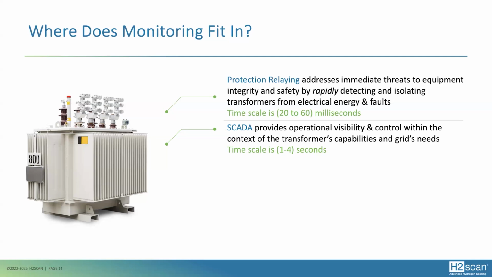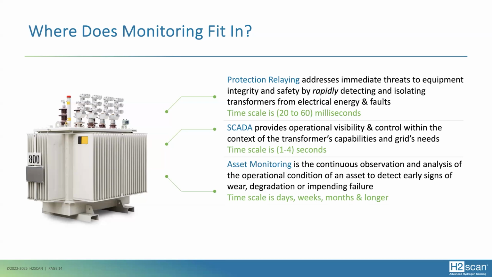The data that you see at a SCADA center is typically 1 second old, 4 seconds, sometimes a little longer, sometimes a little shorter, but for the large part, SCADA is simply about ensuring that the asset is performing within the needs of the grid, meeting the load demand, ensuring that it's connected where it's supposed to be, and that your load flows are well balanced. It's not monitoring. In fact, many SCADA systems will discard data once they've been viewed if they aren't in an abnormal state. So there is really very little monitoring in the traditional context.